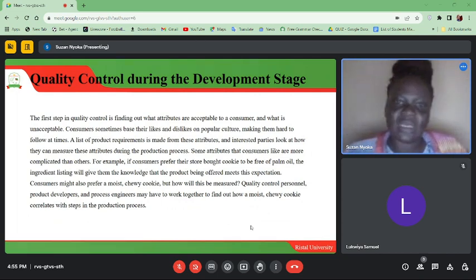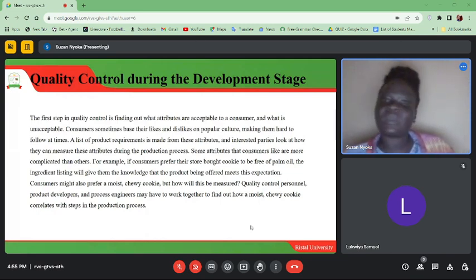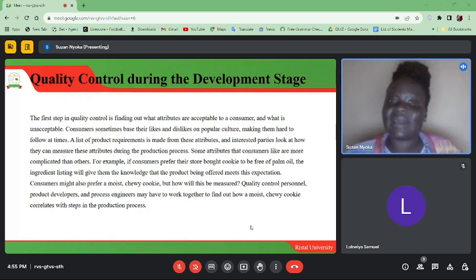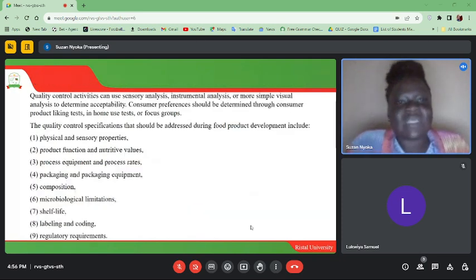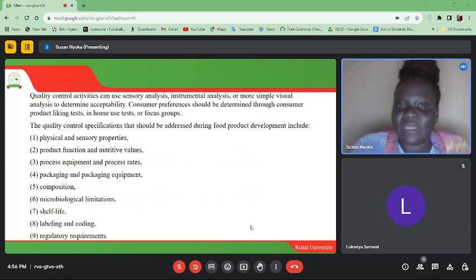Yeah, like controlling the quality of the product at the developmental stage, you need to consider the consumers' tests. You need to consider their acceptability, their tests regarding the product. And then quality control activities can use sensory analysis and instrumental analysis or more simple visual analysis to determine acceptability. Consumer preferences should be determined through consumer product liking tests, in-home use tests, or focus groups.